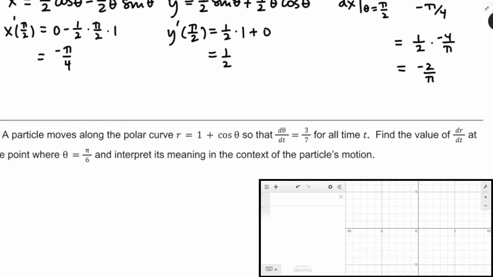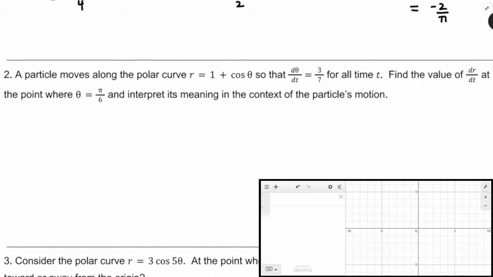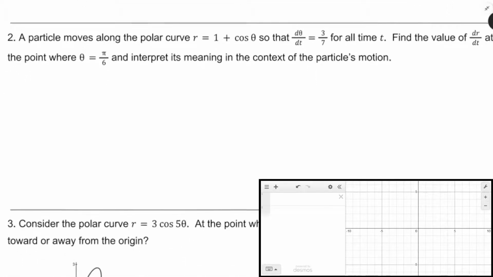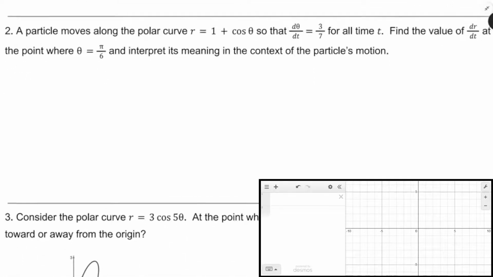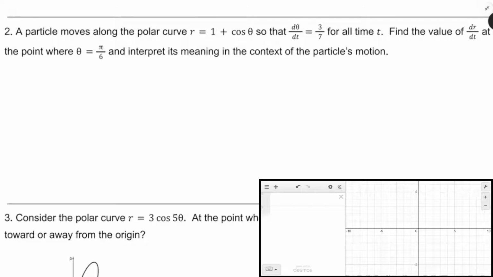Now number 2 is a particle motion question, so these are really just related rates. r equals 1 plus cosine theta, d theta dt equals 3 over 7 for all time t. So we need to start with this equation right here and take the derivative with respect to time.